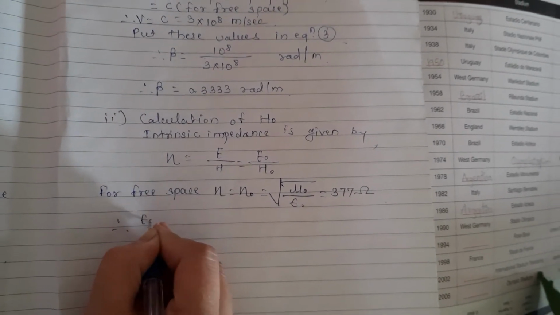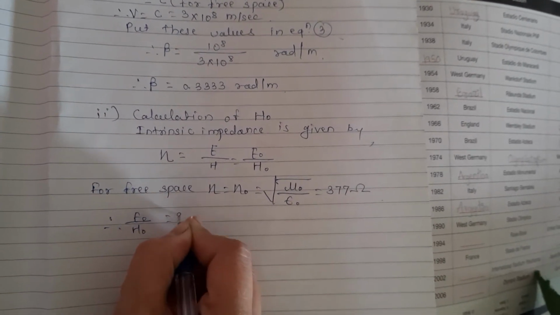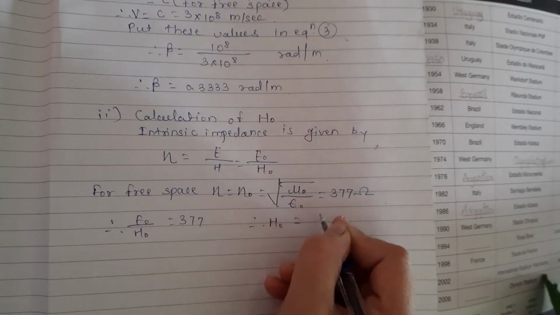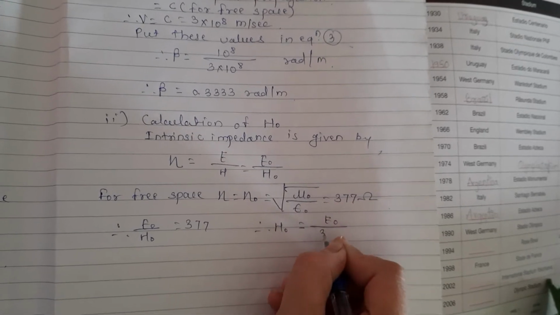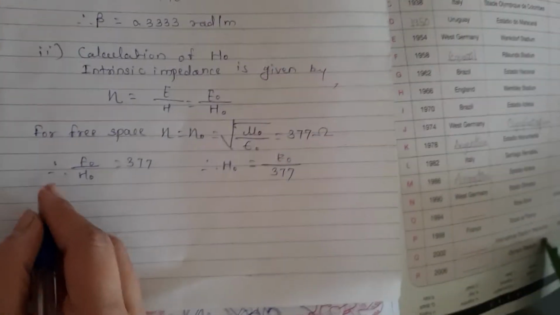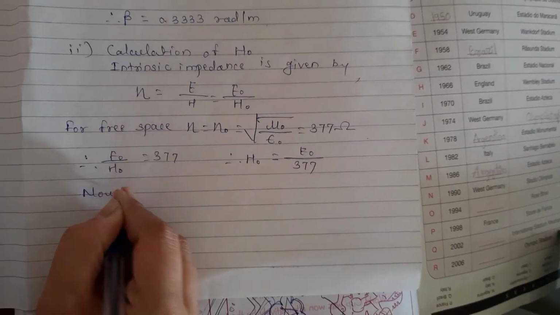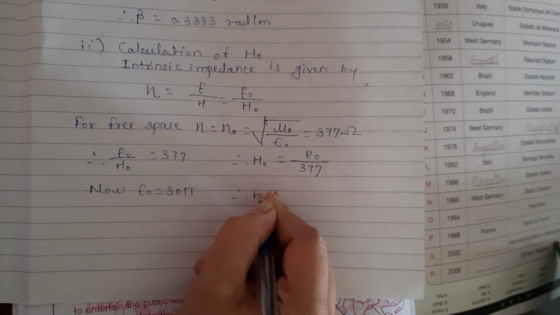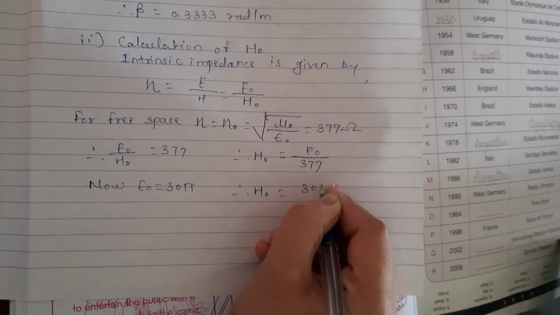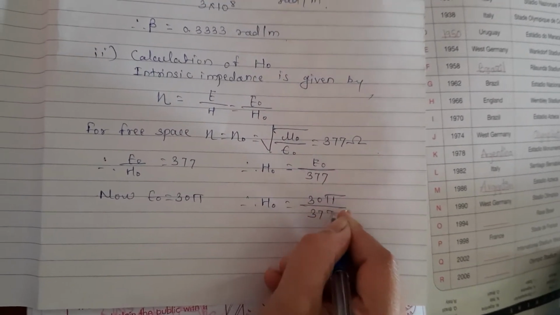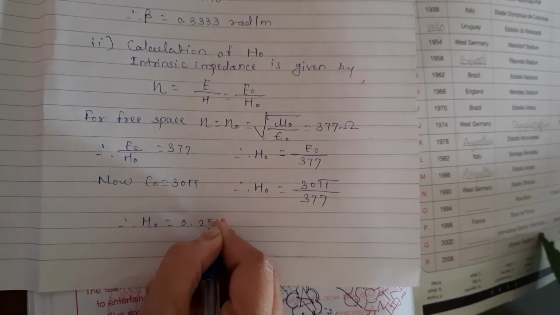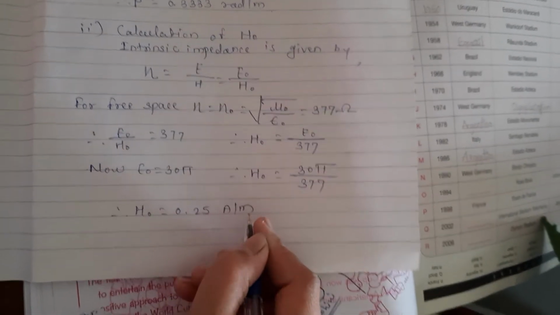So E0 by H0 is equal to 377. So H0 is equal to E0 by 377. Now what is E0? It is 30π. Therefore H0 is equal to 30π divided by 377. So H0 value is 0.25 ampere per meter.